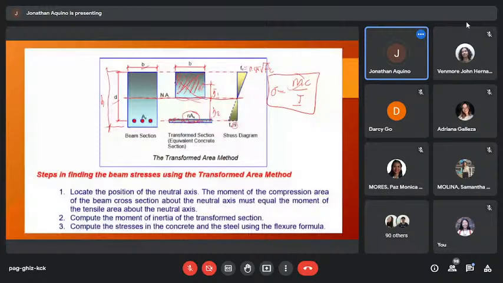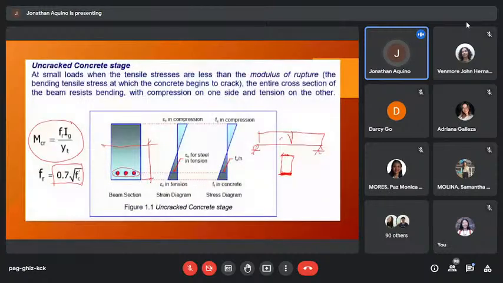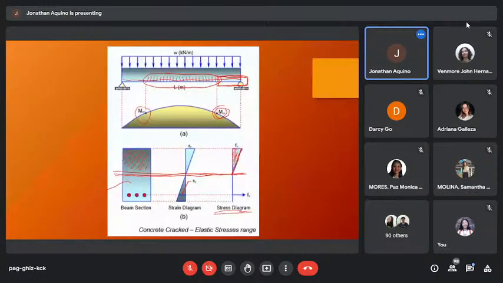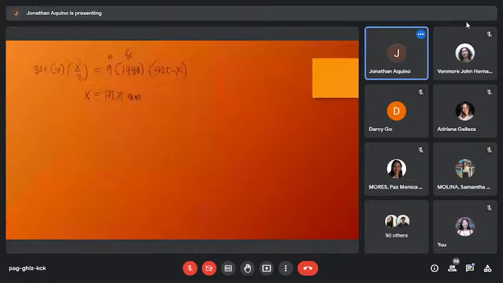Okay, ito yung stress diagram. So triangular, and ito yung tension niya. So this is fc, which is equivalent to 0.45 square root of f'c, or just simply 0.45 square root of 20.7 megapascal.